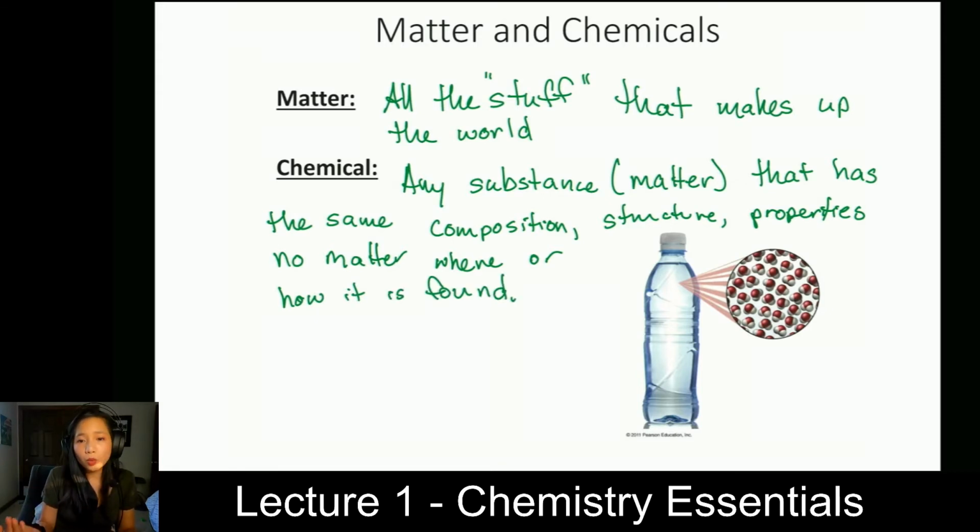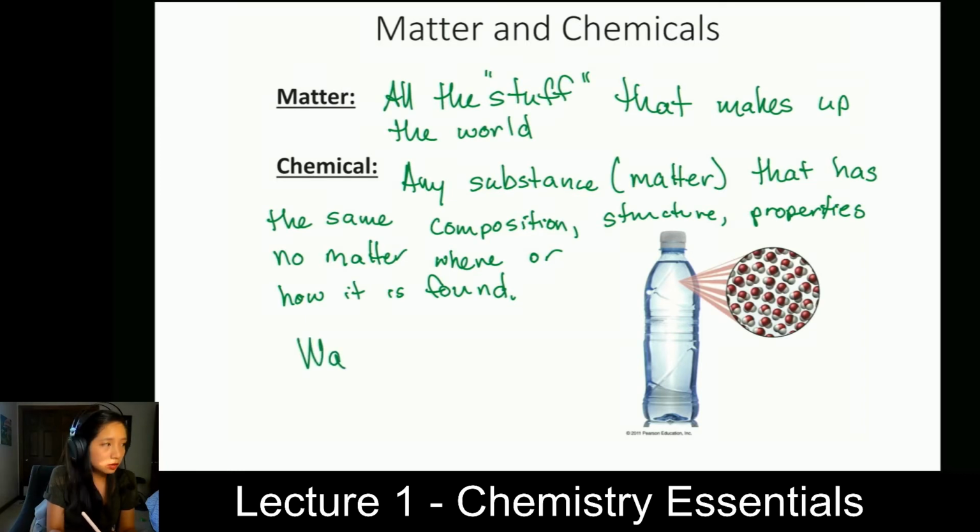So for example, water. Regardless if you find it in the ocean, in a puddle outside your house, in the sky, in the sewers, as long as it's water, it will always have the chemical structure H2O, meaning it will have the same composition, H2O, no matter where you find it. It'll also have the same structure and properties no matter where you find it.